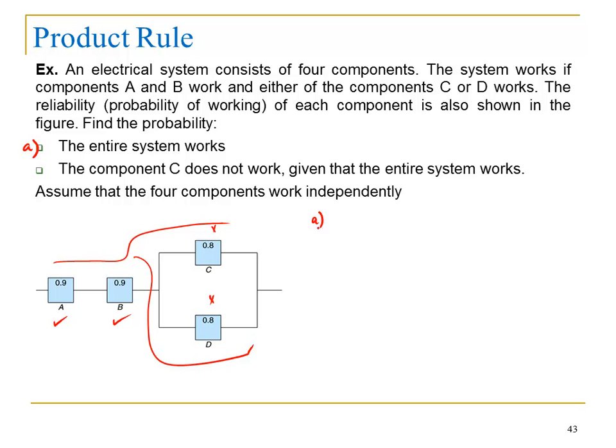This is A. So for the entire system to work, we need to make sure that this component is working, this component is working, and one of these two components is working. Any concept from the course that you can apply?